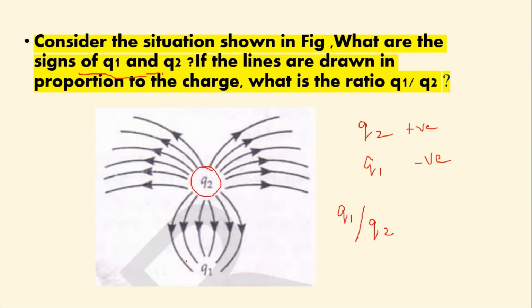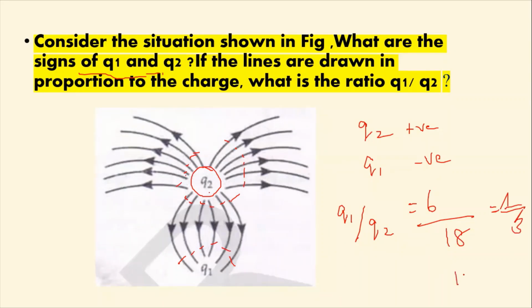Q1, you can see these are the lines 1, 2, 3, 4, 5, 6. So Q1 by Q2 is equal to 6 by, here Q2 if you take 1, 2, 3, 4, 5, 6, 7, 8, 9, 10, 11, 12, 13, 14, 15, 16, 17, 18. So 6 by 18, that is 1 by 3.